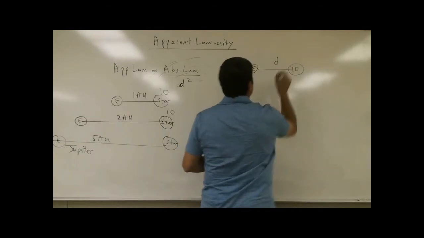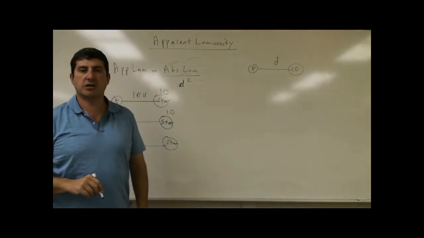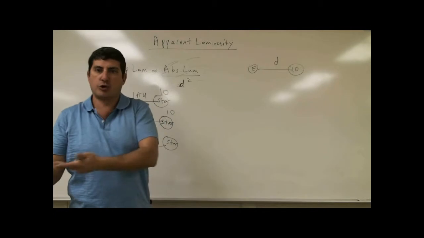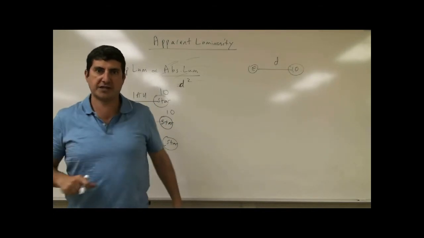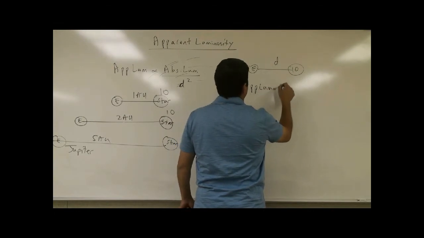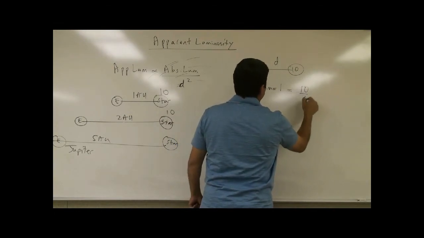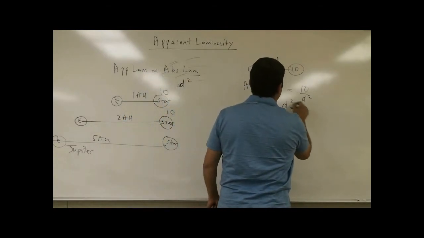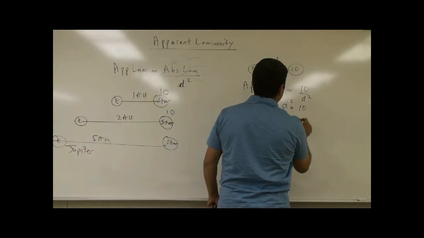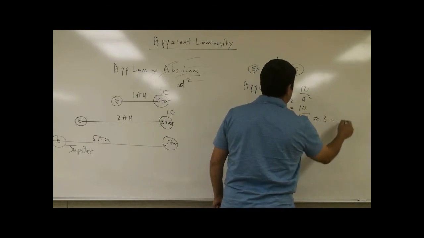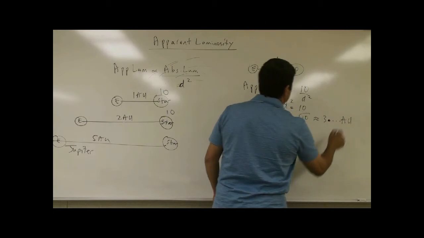How far away should we be from that star so that the apparent luminosity of that star will exactly equal 1, the same as the apparent luminosity now? So we say apparent luminosity is 10 over d squared. So then d squared is 10, d is equal to square root of 10, roughly 3 point something something AUs.